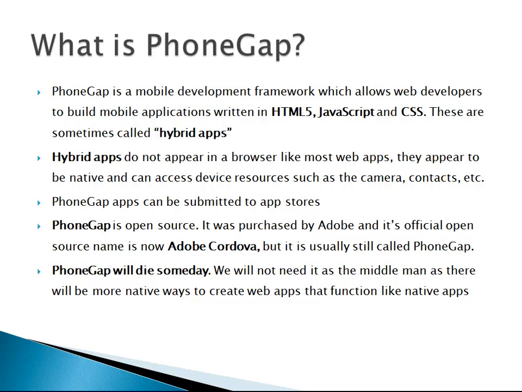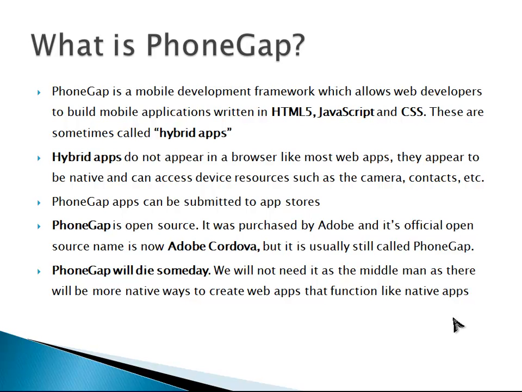PhoneGap applications are often called hybrid apps because they have native app properties and features but are actually written with web standards. Hybrid apps do not appear in a browser like most web apps. They appear to be native, and they can also access device resources as a native app would.